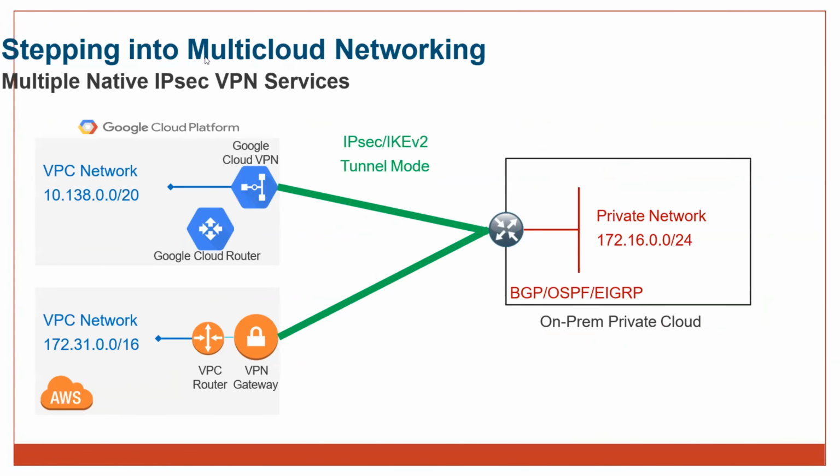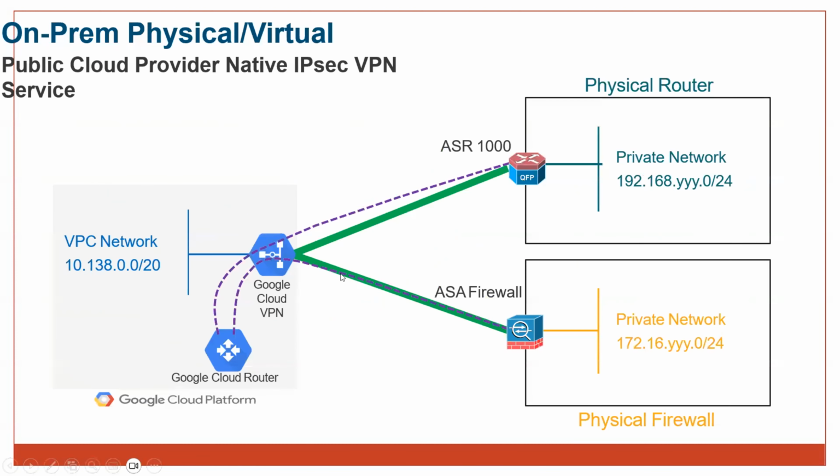now you will see the problem here. At the moment we are talking about extending the on-prem network to the cloud infrastructure, where so far in this diagram we have only one cloud provider.